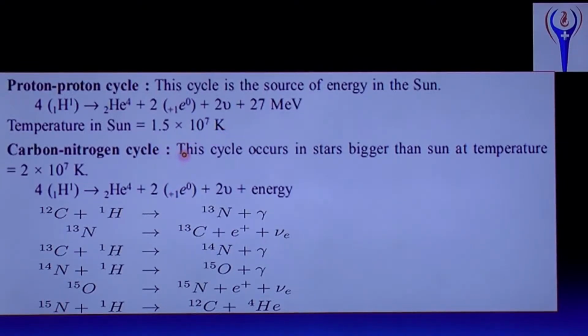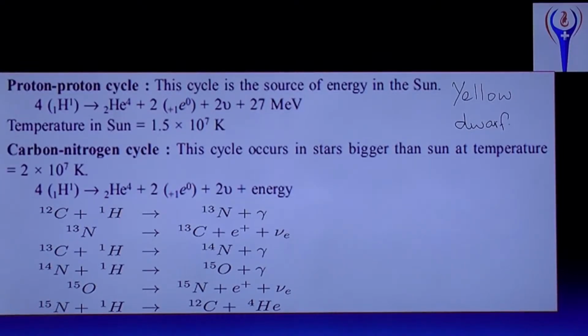And carbon-nitrogen cycle occurs in some bigger stars. Actually, the sun is a small star. Compared to other stars, the sun is considered a yellow dwarf.